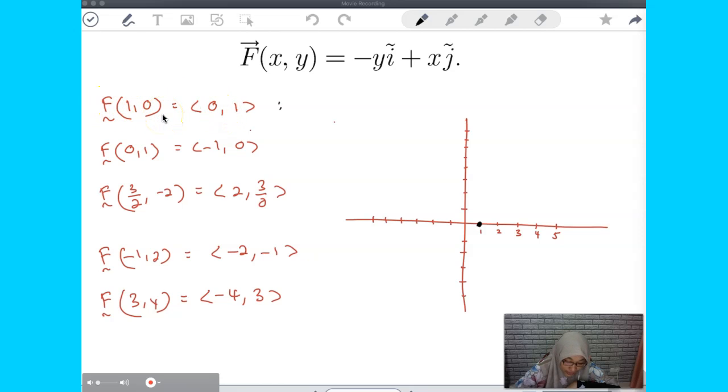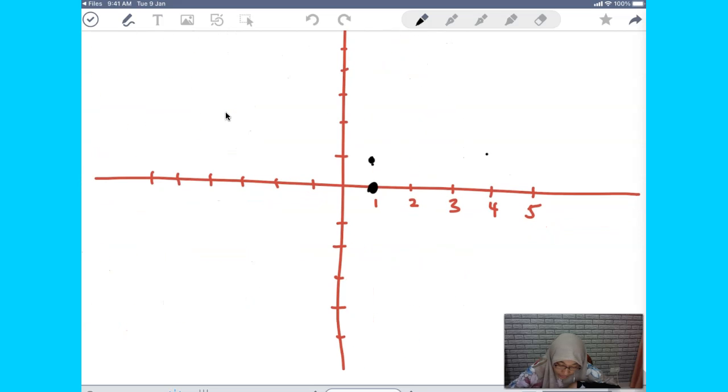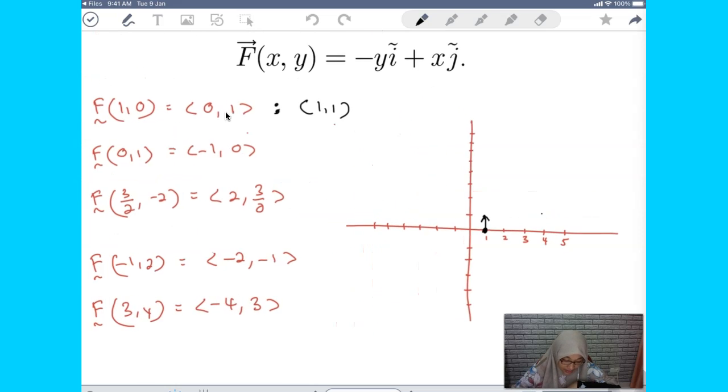So in order to plot, you have to add. So 1 plus 0, 0 plus 1. So your point here is at 1, 1. So where is 1, 1? 1, 1 is here. So now you draw the arrow. Okay, so that is your first vector at 1, 0.